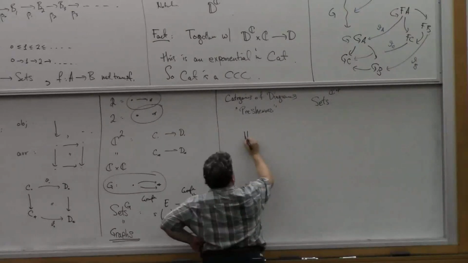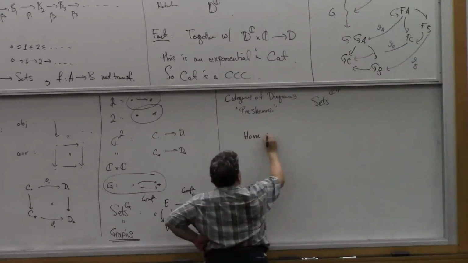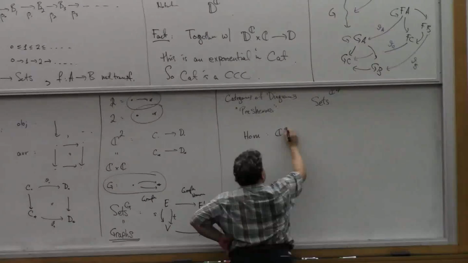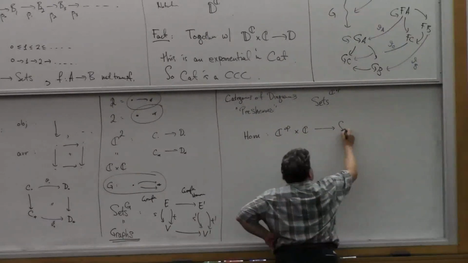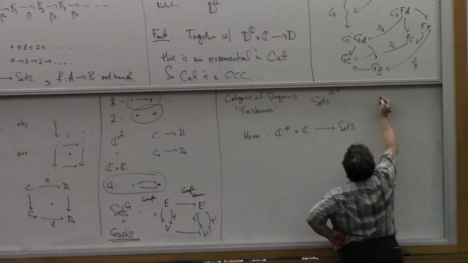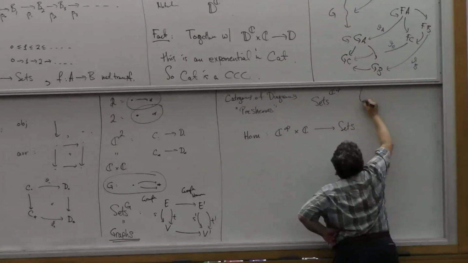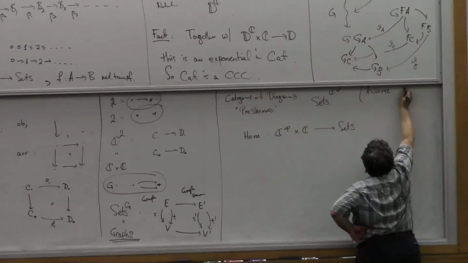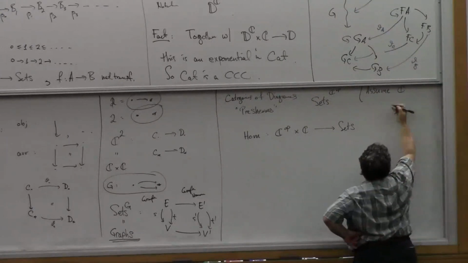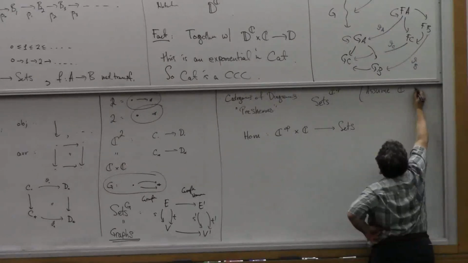Let's remember our Hom functor. Hom was a functor from C up across C into sets. So we're going to assume that C is, we can make it small or what's called locally small.